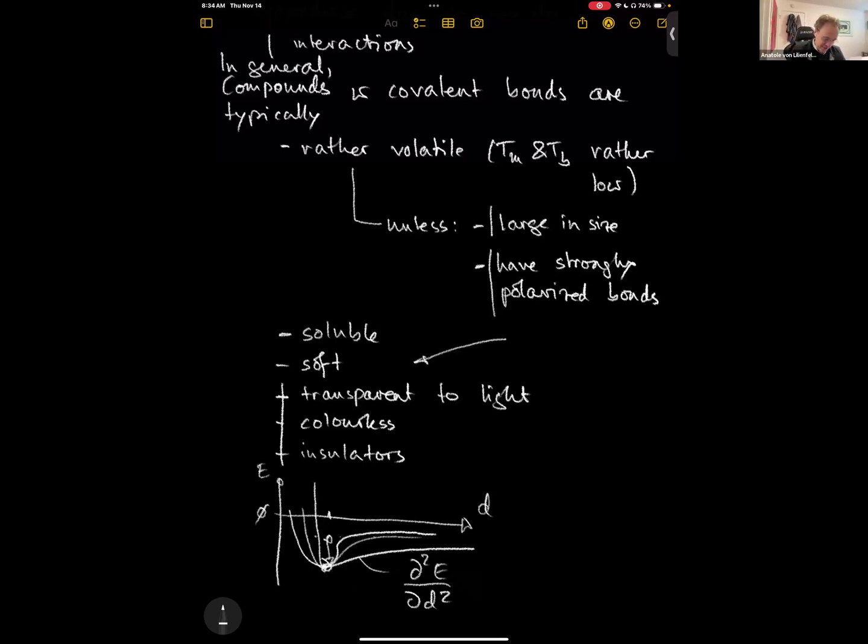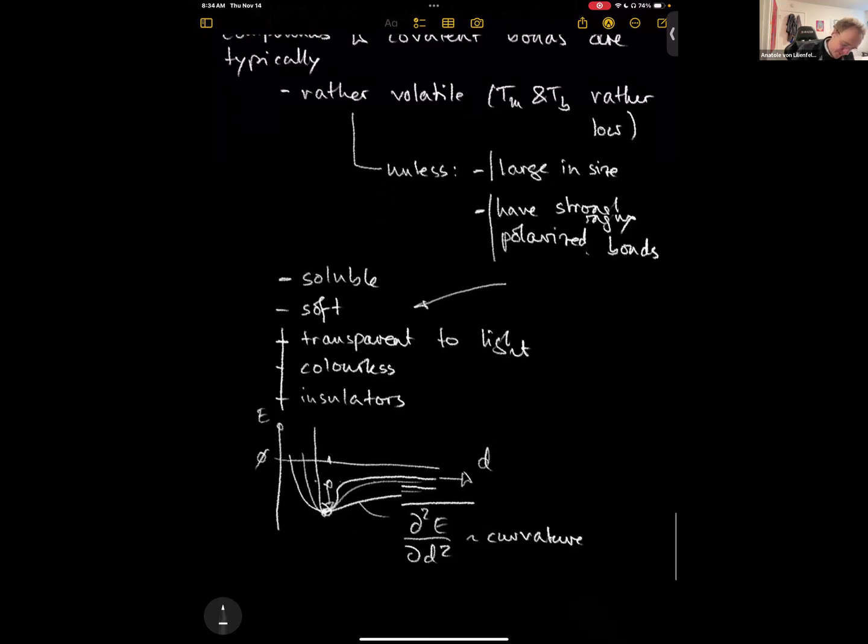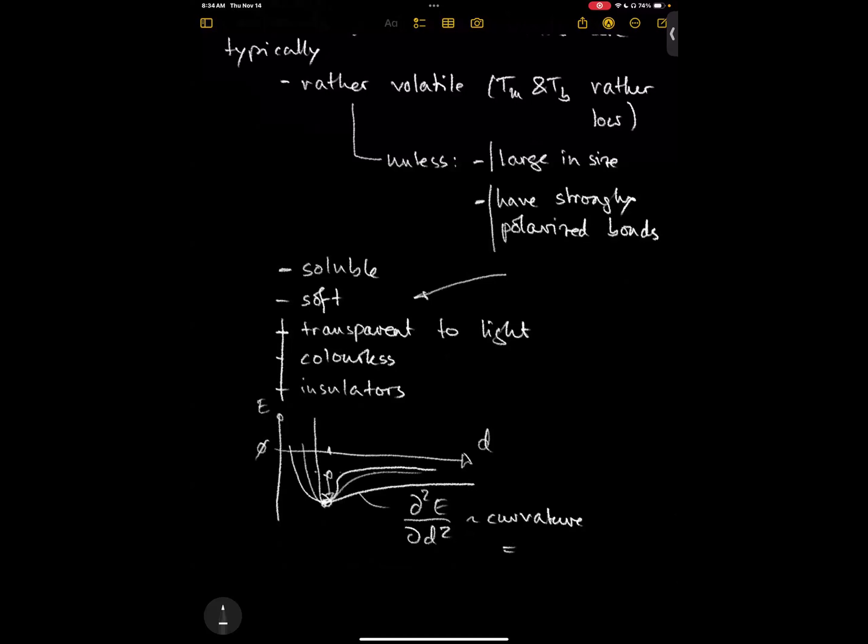So curvature corresponds also to the stiffness of the bonds. And these covalent bonds are very stiff and directional. All right. Are there further questions on the covalent bonds?